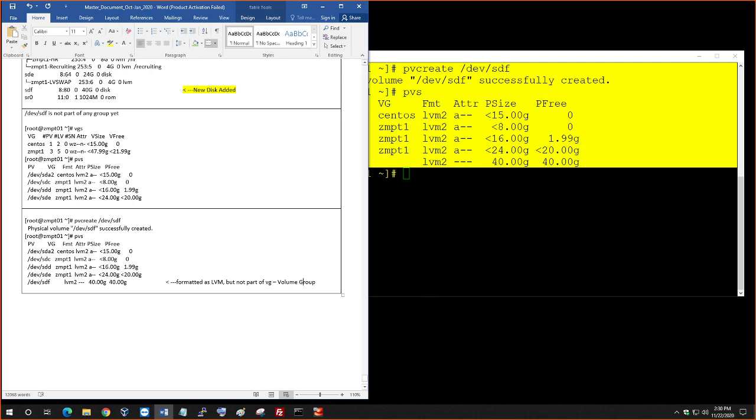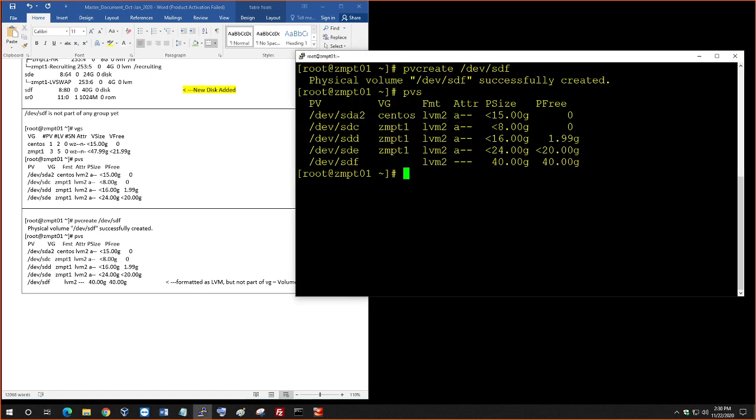So what I need to do is make it part of ZMPT1. I'm going to run vgextend, volume group extend, simple as that. Which volume group are you going to extend?